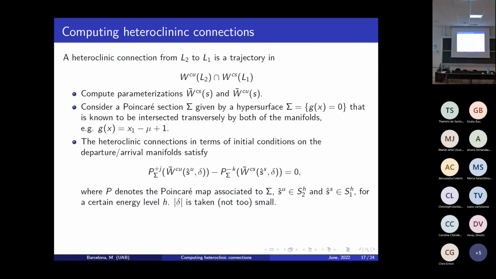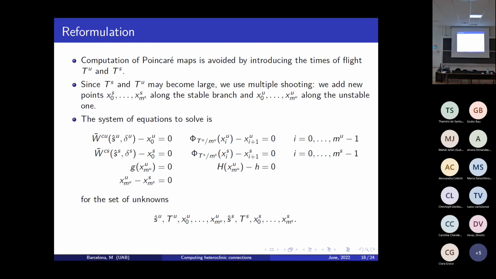So instead of solving this equation, which turns into computation of Poincare maps and differentiating Poincare maps, we introduce the times of flight, T super U and T super S, which are the times to arrive to the Poincare section. And we also use multiple shooting strategies, adding intermediate points within the stable and unstable branches along these branches.